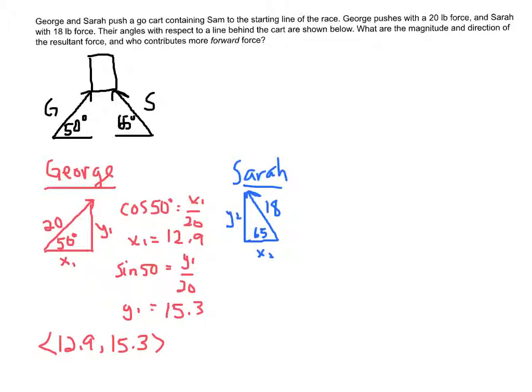The same idea as with George: we're going to do the cosine of 65 degrees, and that's going to equal x2 over 18. And for the y component, we're going to use sine, because the y is the opposite of 65 degrees: sine of 65 equals y2 over 18.